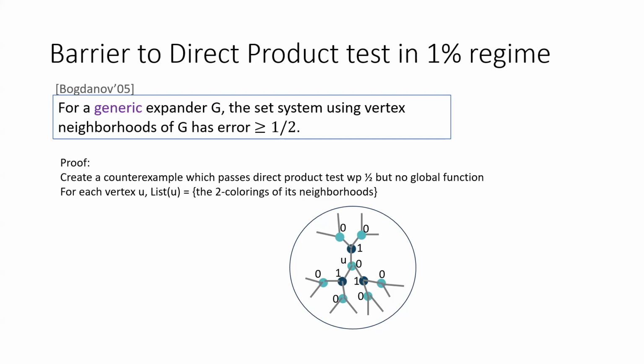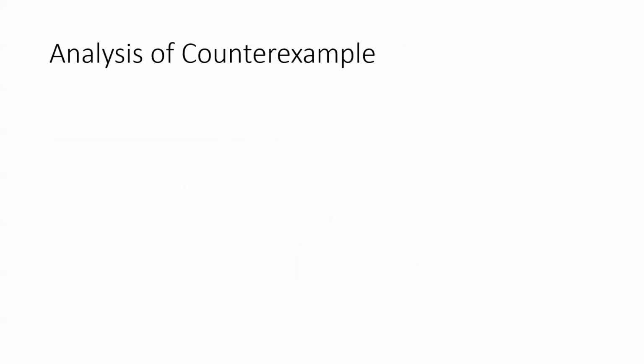Okay, so there are two colorings of every neighborhood, and you can assume that the spectral expander is tree-like, so there's a valid two coloring of every neighborhood. Okay, and then our H will just be to randomly pick one two coloring from every list. Okay, so this H that we have built, we can show that this passes the test with probability half.